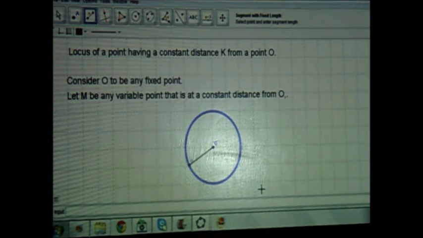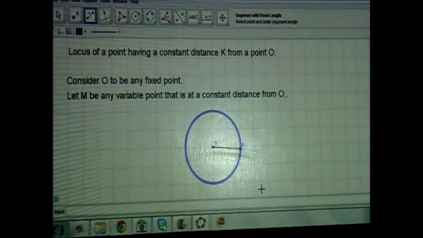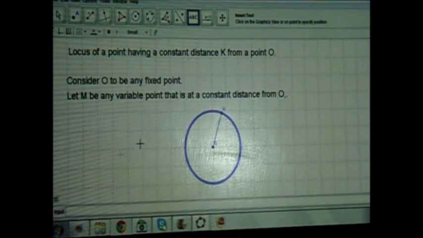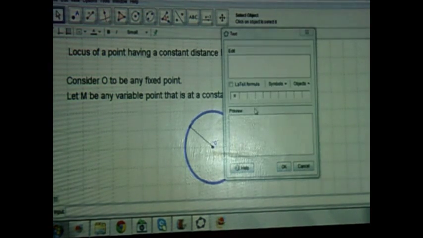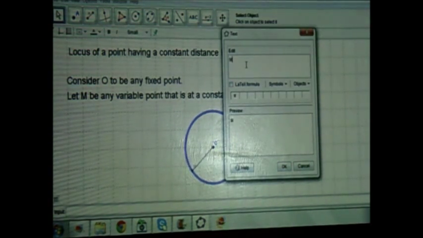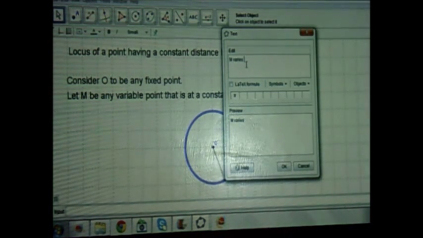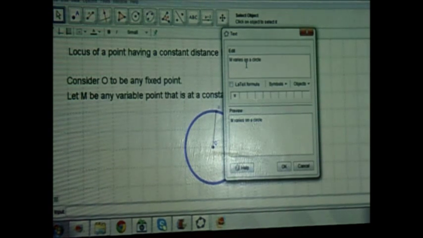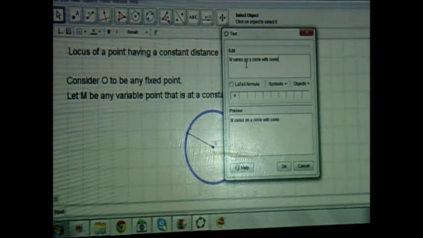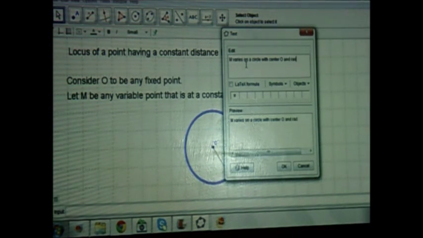So the radius is equal to OM. So we can draw a conclusion that a locus of a point having a constant distance from a fixed point is a circle. So M varies on a circle with center O and radius equal to k.